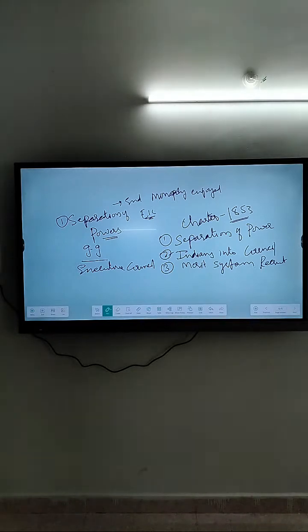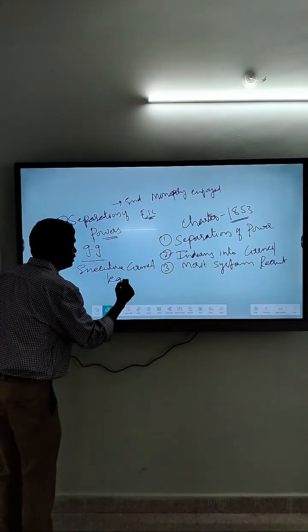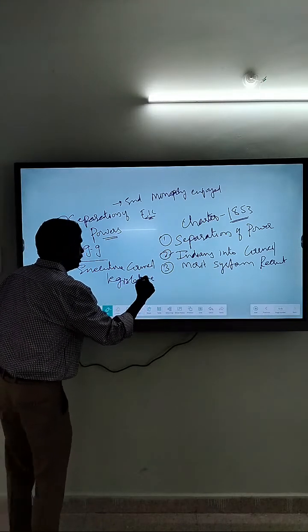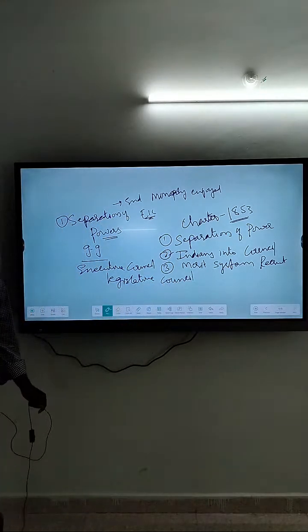Alright? Now, in 1853, what was done is a new legislative council was created. Before this, there was none.